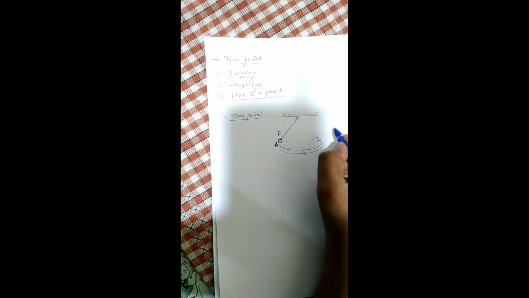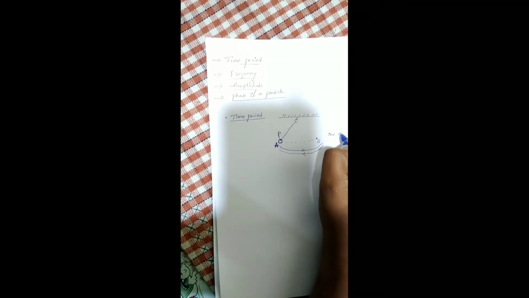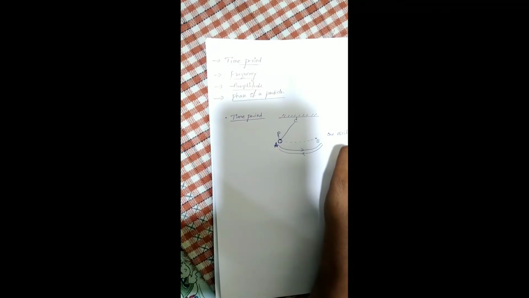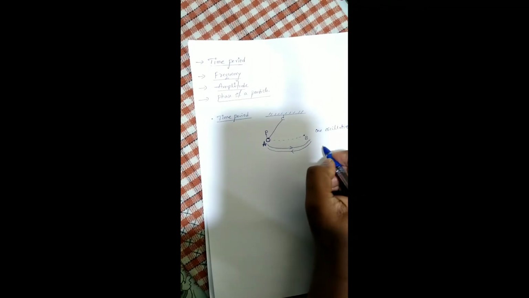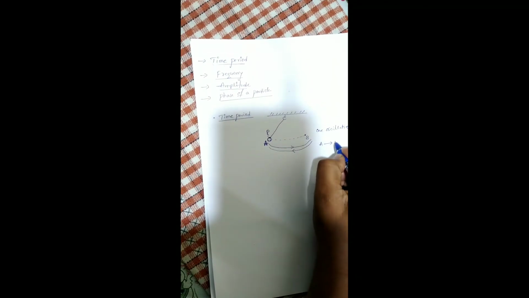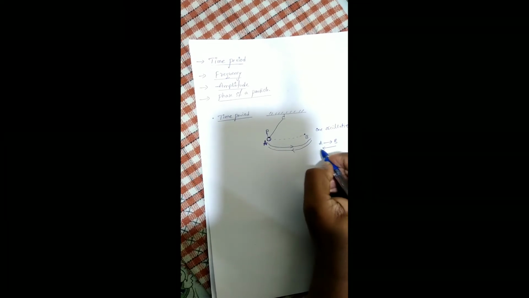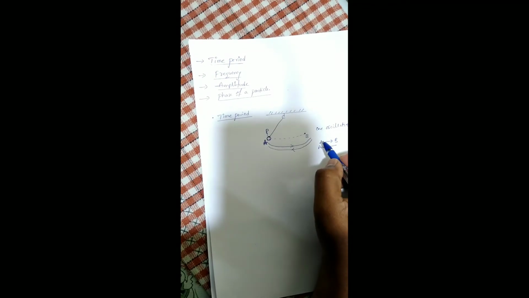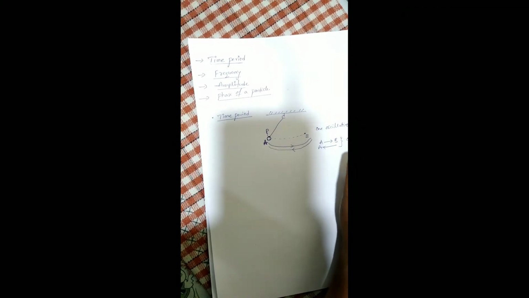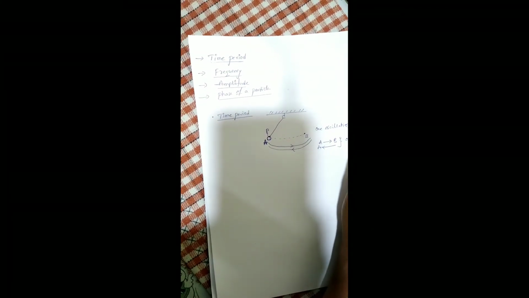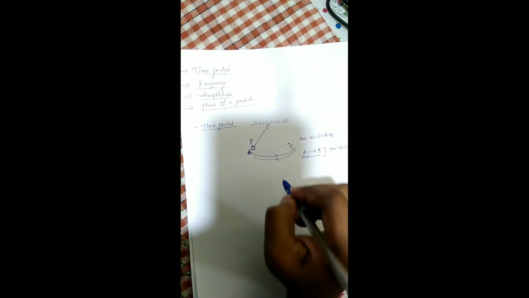This is called one oscillation. One oscillation means the body moves from A to B and B to A.